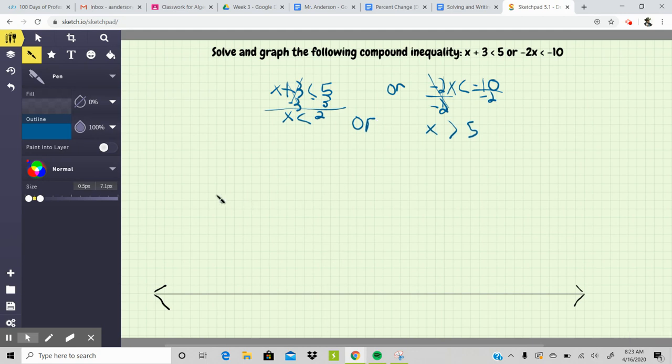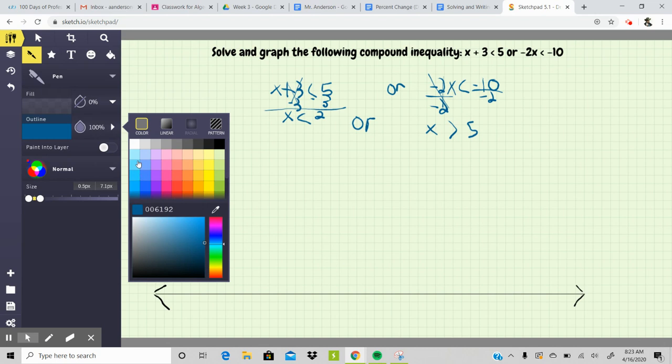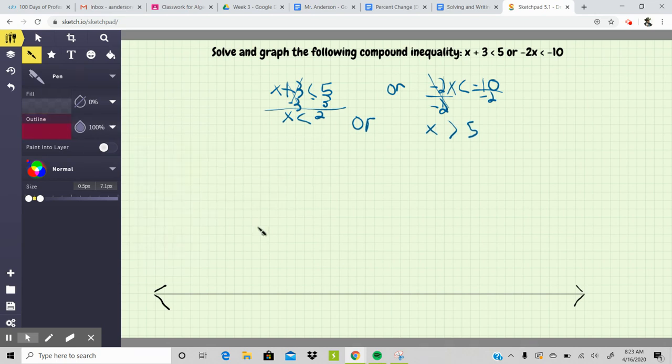So I'm just going to find where 2 and 5 would be on my number line. Let's just say that 2 is right here, because it's blank, so I can kind of put it wherever I want. So that's where 2 is, and we'll say 3, 4, and we'll just say this is where 5 is. Now, I'm just going to graph my first part. I have x is less than 2.